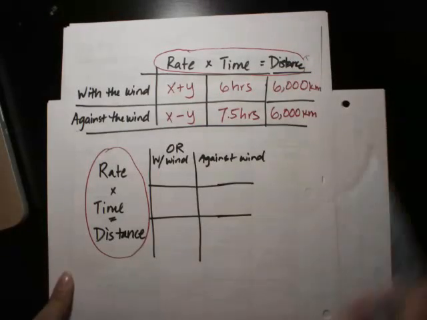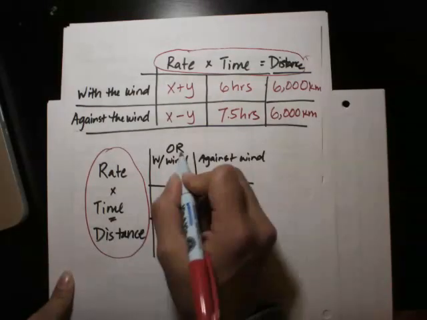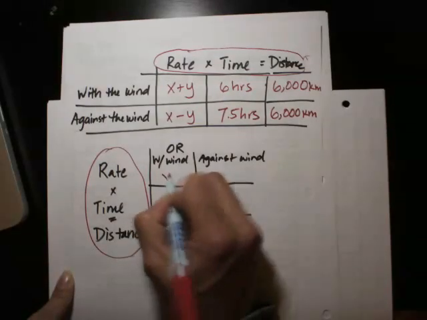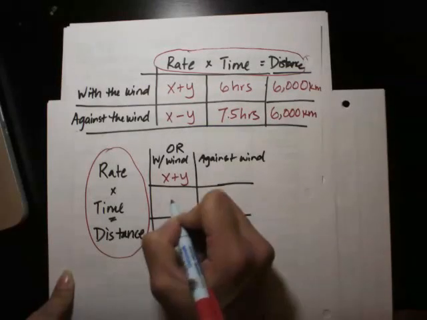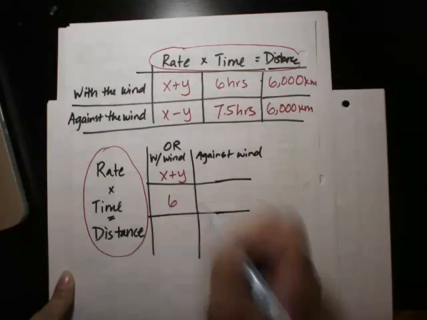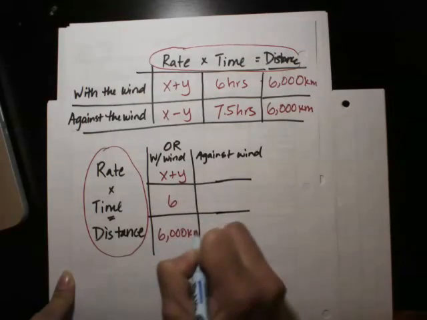So now that we have our variables filled out, let's take a look at what it would look like vertically. Again, our rate with the wind, you're going to have the help of the wind, so x plus y. Time with the wind was 6 hours. Distance is 6,000 kilometers.